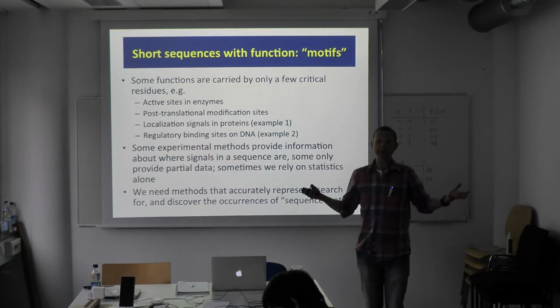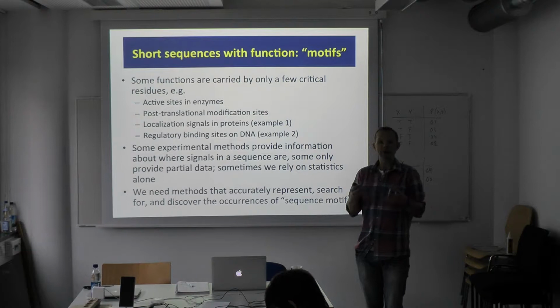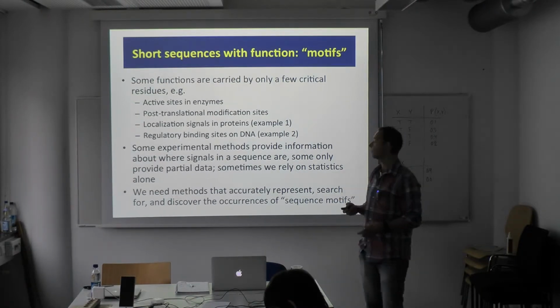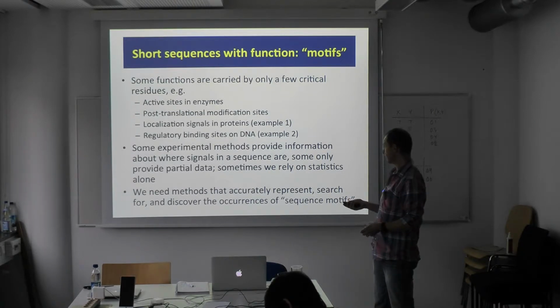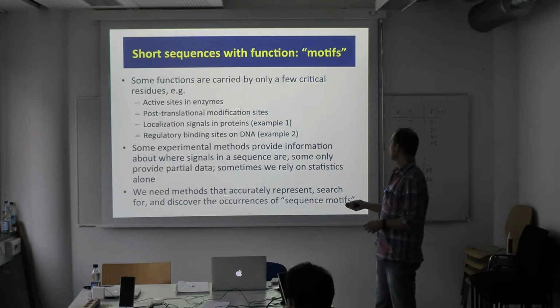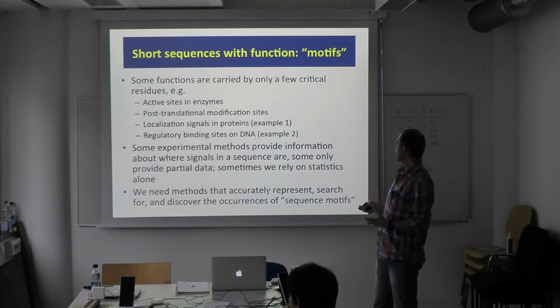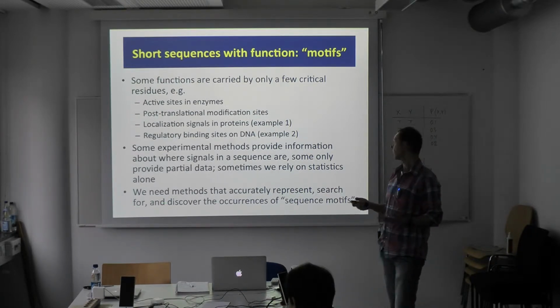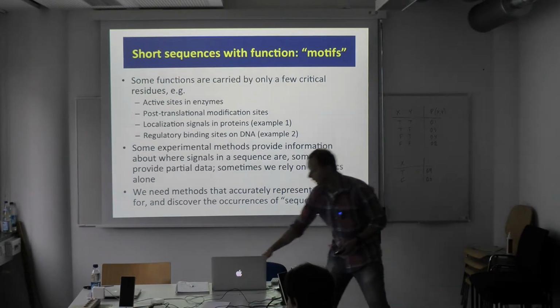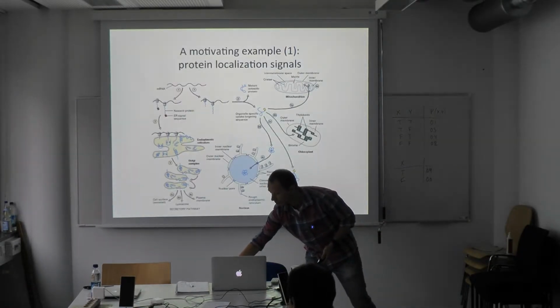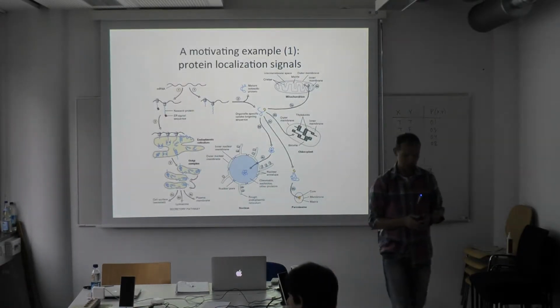You can do that just by statistics, rather than using detailed information on where you should be looking for that textual signal. And same thing in biology. So we need methods that will help us to represent, search for, and discover the occurrences of these sequence motifs. And I'll try to be a little bit more specific after going through a couple of examples.